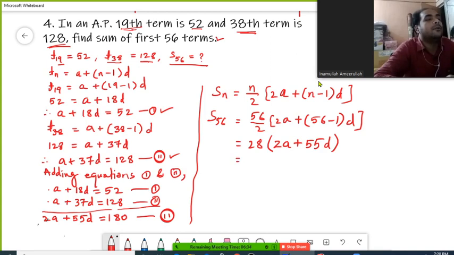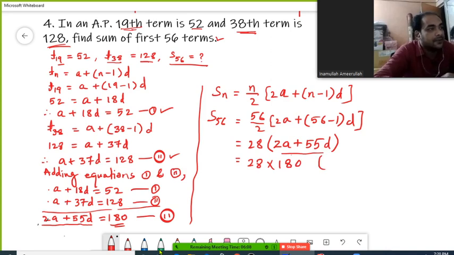Now here, 28 into 2A plus 55D. Look at this. 2A plus 55D is how much? It is 180. So instead of this part, 2A plus 55D, I can directly take this 180 here. So it will become 28 into 180, and this is from equation number 3.